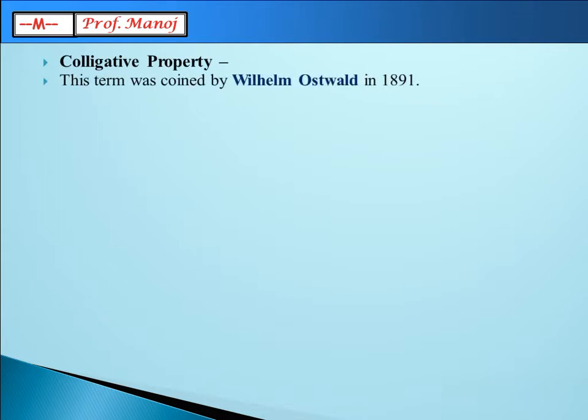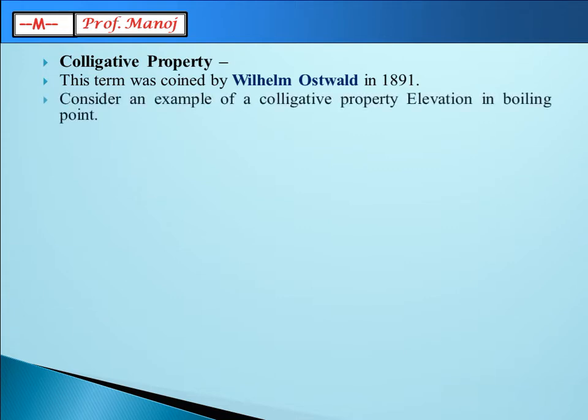This term colligative was coined by a very famous scientist, Wilhelm Ostwald. Let us consider an example of a colligative property which is very easy to understand. The property I am considering here is elevation in boiling point. As we know, the boiling point of water is 100 degrees Celsius.